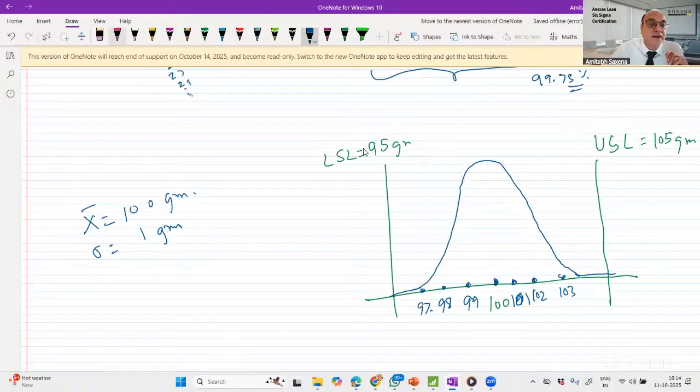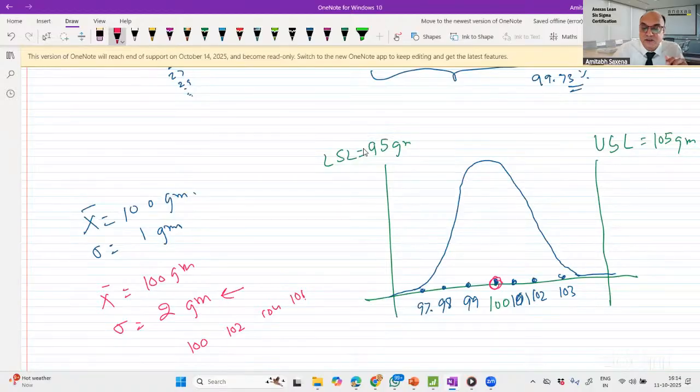But let us look at another company, whose average is also 100 grams, but there is too much variation. Operators don't follow SOPs. Everyone has their own settings. Everyone follows their own way of thinking. With this standard deviation, the numbers will be 100, 102, 104, and 106.